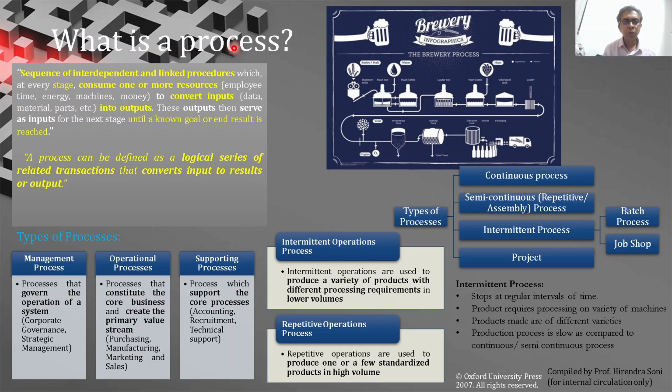Every process can be seen as a sequence of interdependent and linked activities or procedures. So every stage of a process will act as input to the next stage process.